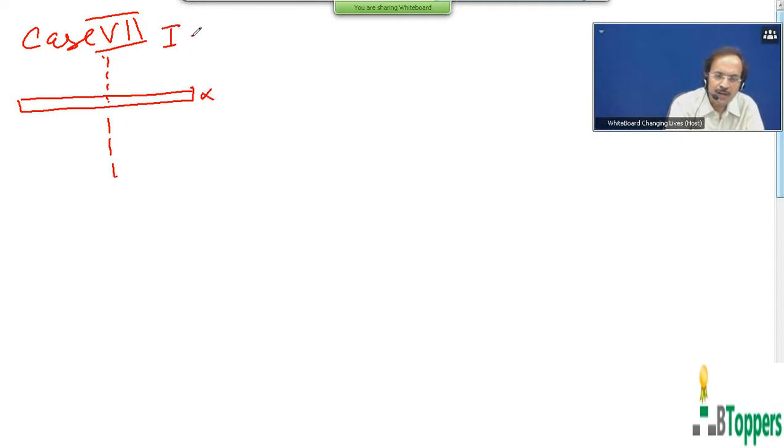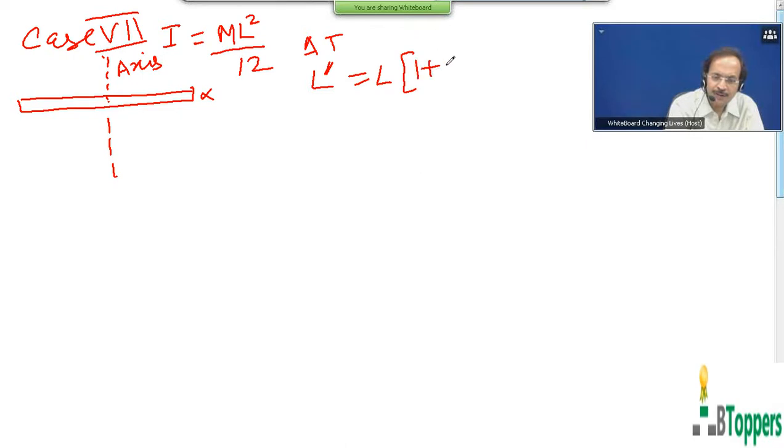The moment of inertia of the rod about the axis perpendicular to the length of the rod and passing through the center of the rod is given by I = ML^2/12. When the temperature of the rod is increased by delta T, the final length of the rod at higher temperature, denoted by L dash, can be written as L(1 + alpha delta T).